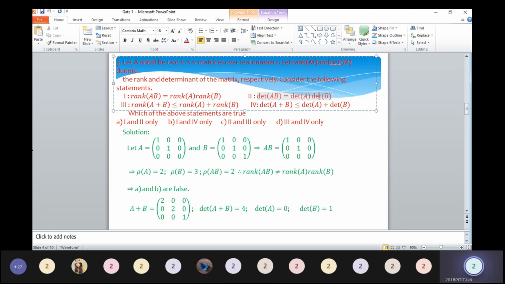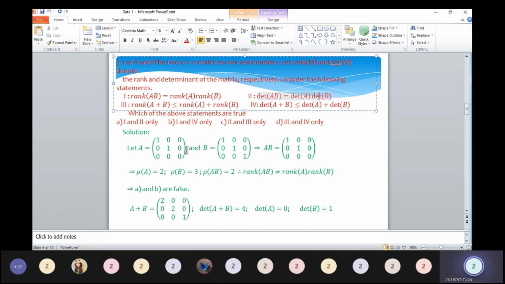So first, the rank of AB is false. First we prove that determinant of AB is not equal to determinant of A into determinant of B.